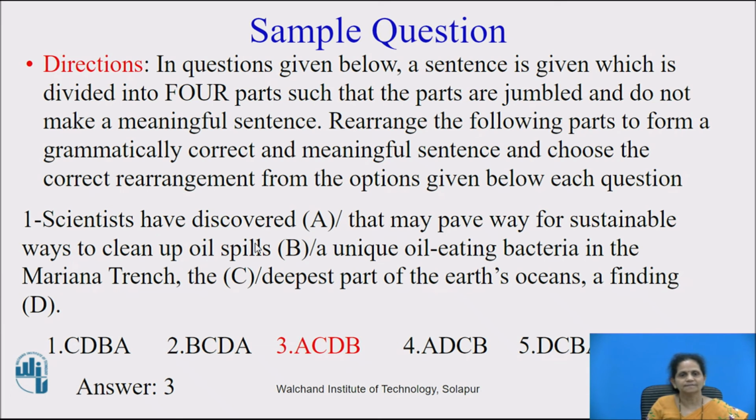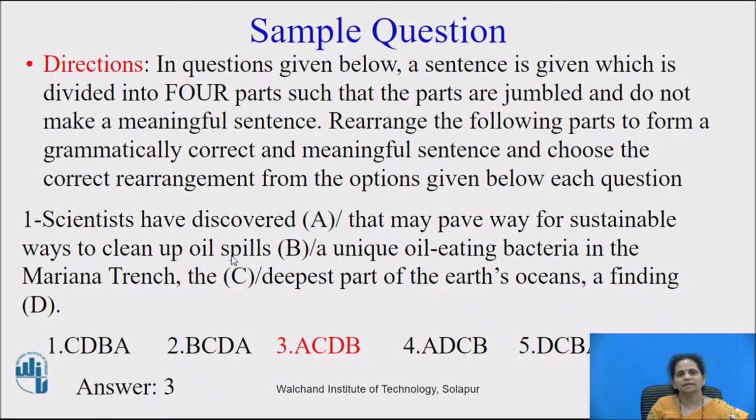So, this is the question. Some of the sentences are given and they are jumbled. You have to rearrange them, make a proper arrangement and choose the correct option. So, in this question, the correct answer is the third option.